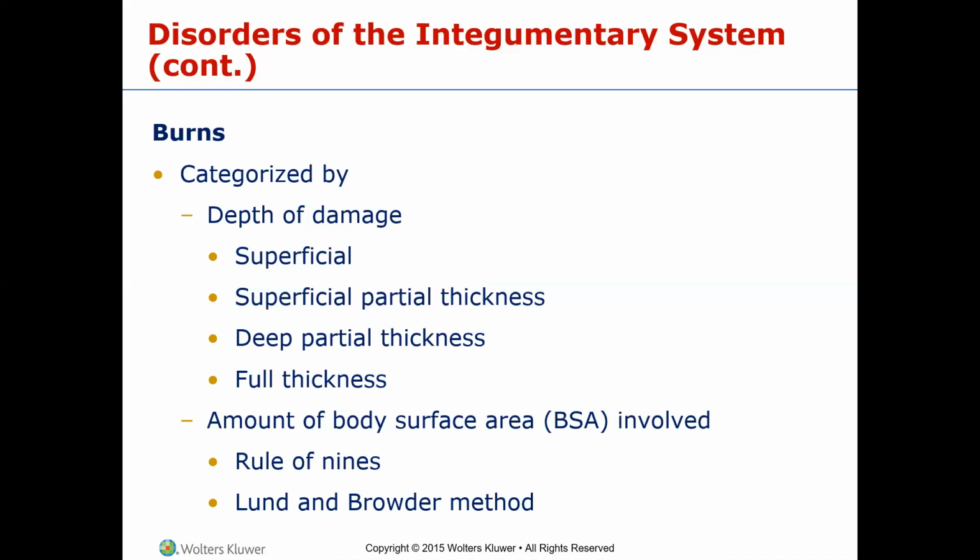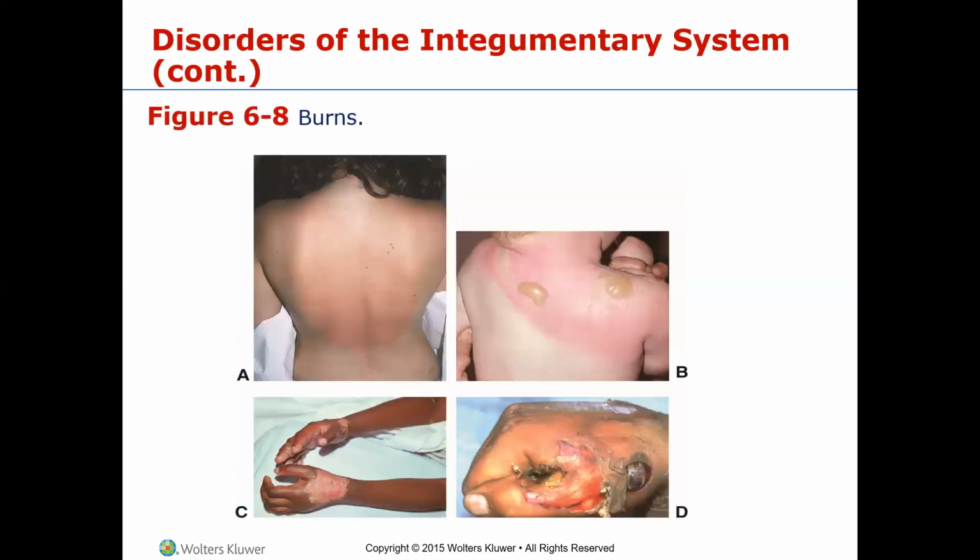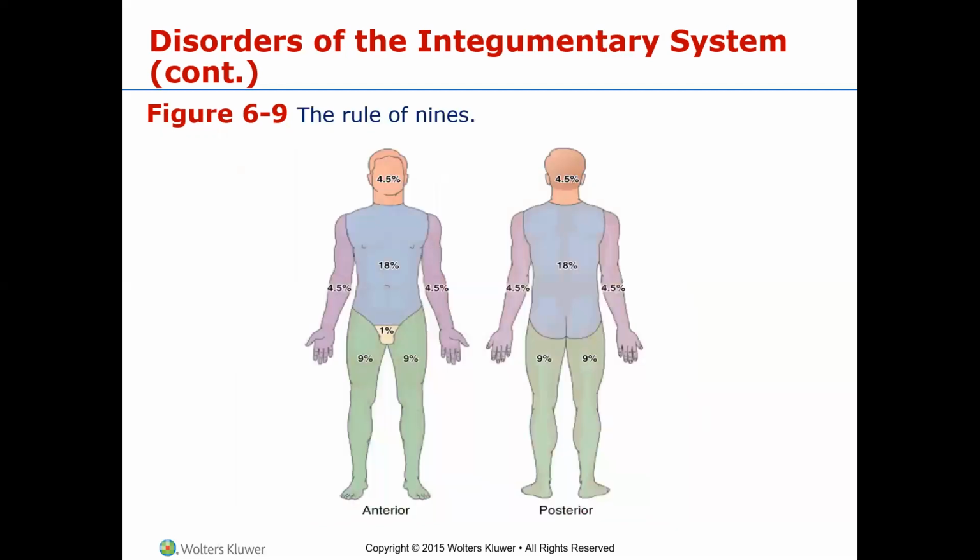So infection is common oftentimes with burns, and that's because our major defense system has been compromised. So here are some burns that you can note, and the rule of 9s for body surface area.